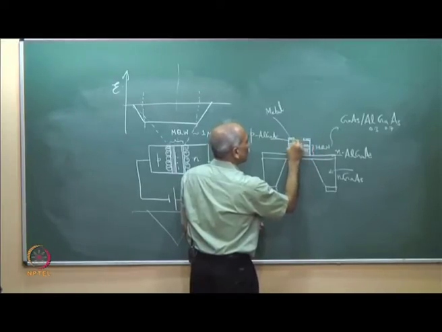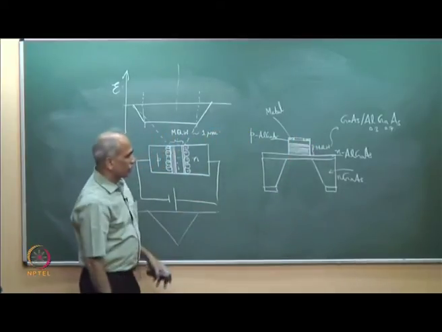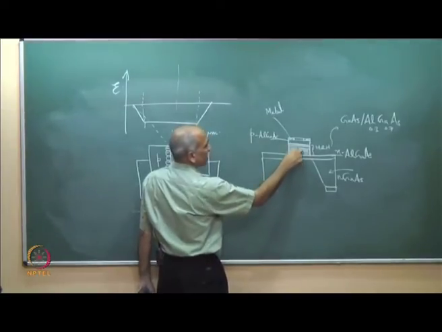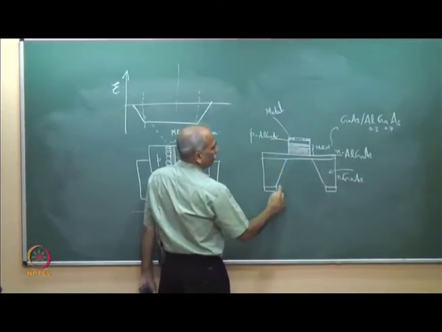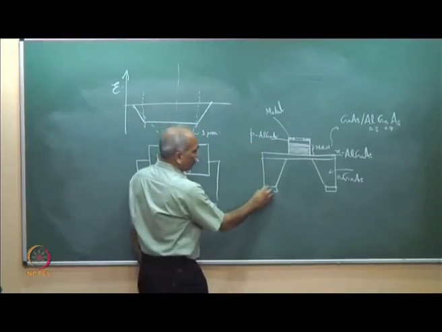I could have shown you the structure directly, but I just wanted to illustrate the procedure also. So, a substrate on which these layers are epitaxially deposited, then this is etched away, and an annular electrode is added.